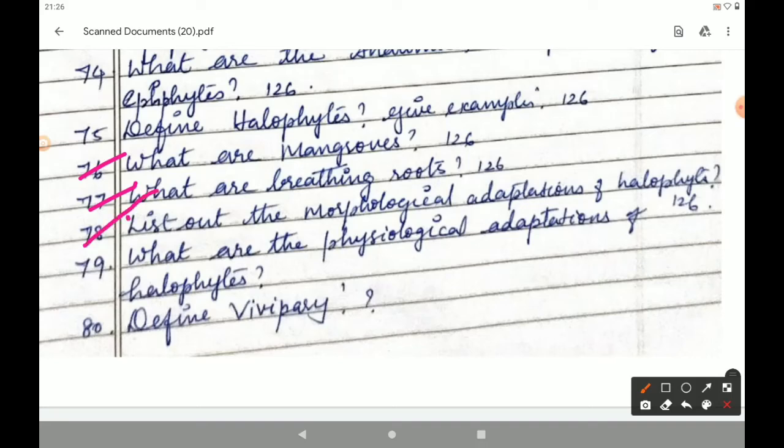The next question, 78th question. List out the morphological adaptations of halophytes. Page number 126, right side of the page, under the heading Morphological Adaptation, there are 6 points given. All the 6 points you have to write. Temperate halophytes are herbaceous, but the tropical halophytes are mostly bushy.